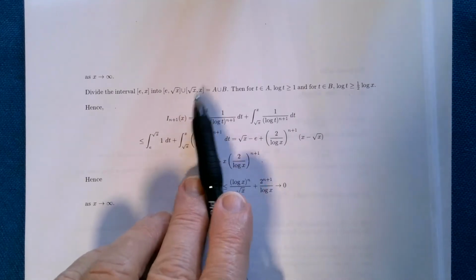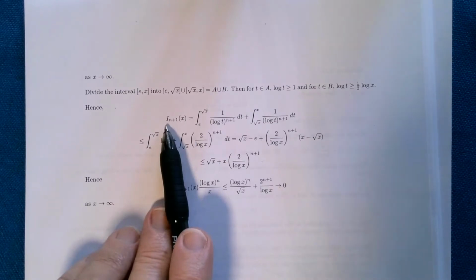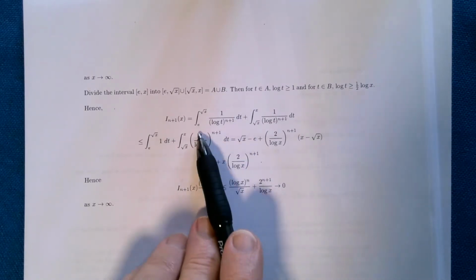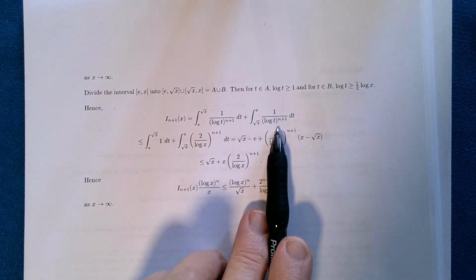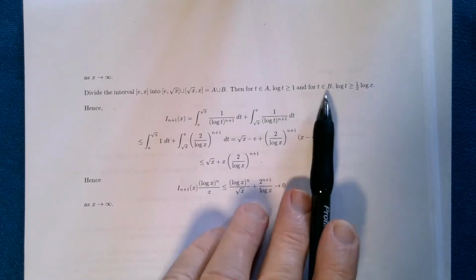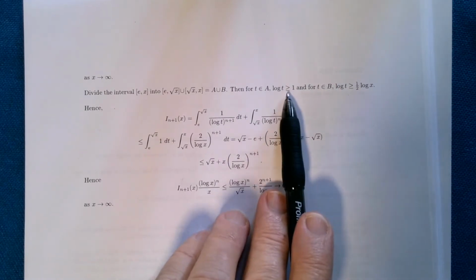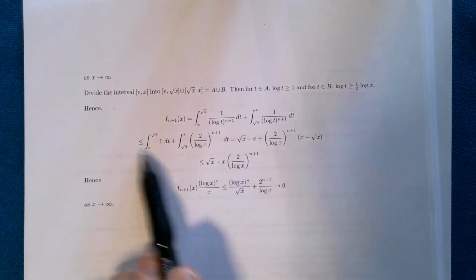So I can use these two different approximations when I split this integral up into two: from e up to root x and from root x to x. I can use this fact that log of t is bigger than 1 on this interval, so I can just replace all this with a 1, with less or equal to.